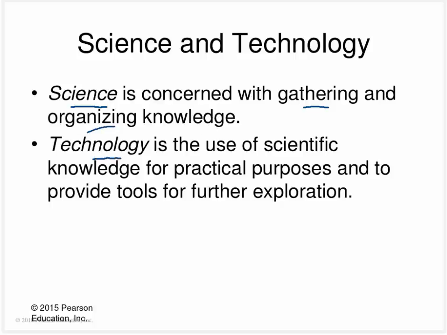And what technology does is it's not really so much interested in gathering and organizing, but actually saying, okay, we have all this knowledge, let's do some practical applications of this. So science is concerned about making circuits and stuff like that. Technology is saying, okay, the science is worried about the circuits. Now let's take this circuit and build it into something useful like a smartphone.